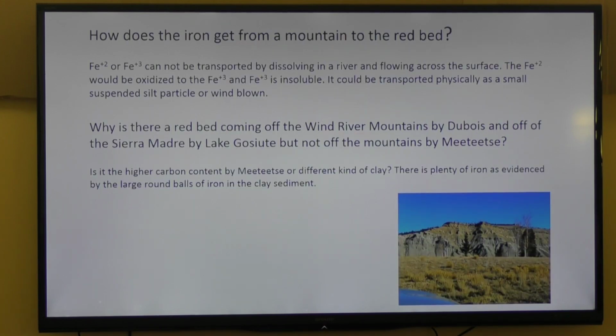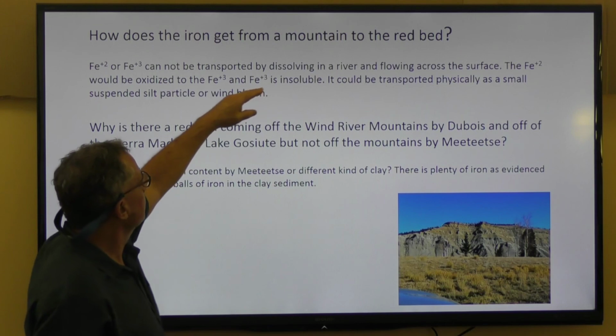Okay, so how does iron get to that red bed? If a pyroxene in a mountain or an amphibole is corroding and making a clay and releasing iron, how does it get here? Because the problem is, Fe+2, if it's on the surface of the earth, like in a river, and almost everyone I've read thinks that the red bed like the Gros Ventre is an ancient river system, maybe lakes, that kind of thing.